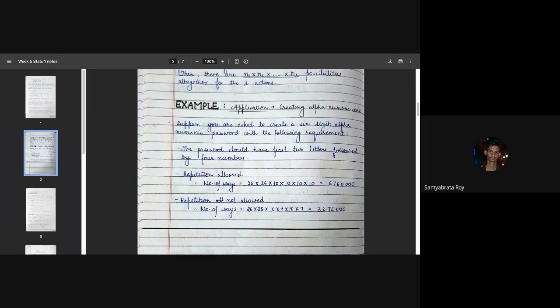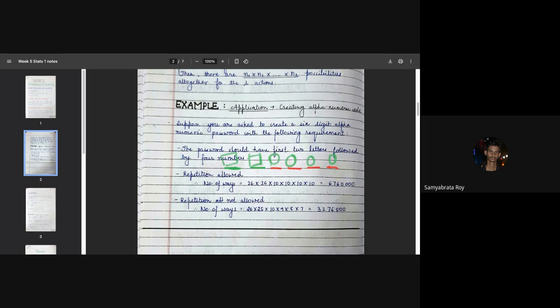So basically there are six available spaces where I can put letters or numbers. The first two should be letters, here I can put only letters, and these spaces are allotted for numbers. So how many possible ways are there?